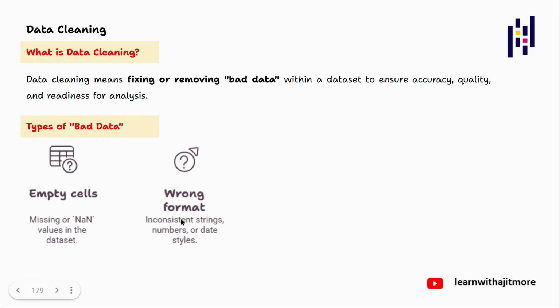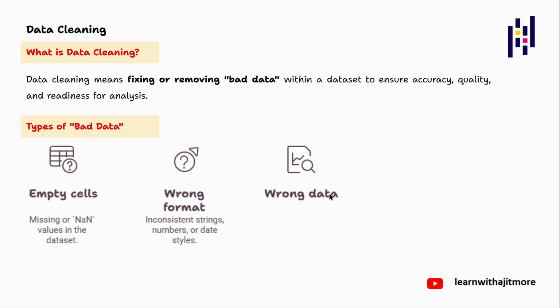What is expected? So inconsistent strings, numbers, or date styles. If it is a date column, the expected is in single quotes, year slash month slash day. But someone didn't give single quotes, someone has entered a number directly. Okay, so it is a wrong format, right?